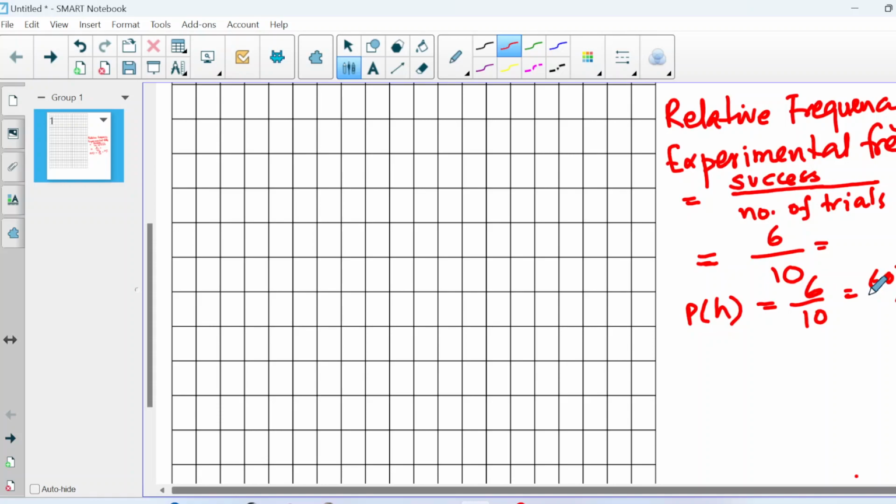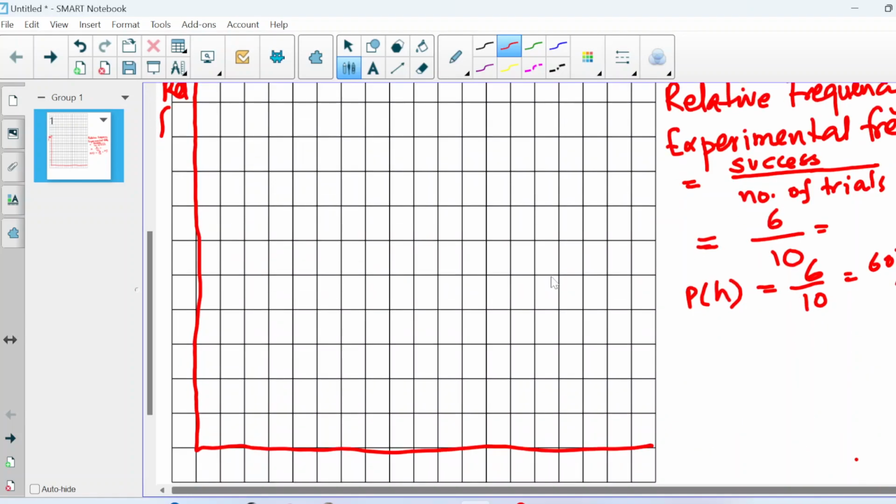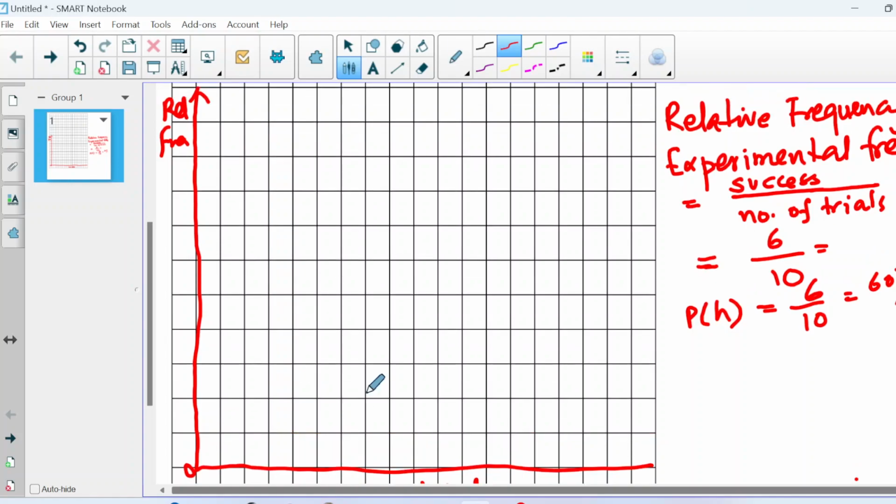So you can plot this relative frequency on graph paper as well. Here we put trials on the x-axis, and on the y-axis the relative frequency, and the relative frequency should be from 0 to 1, or in terms of percentage you can call it 100%.